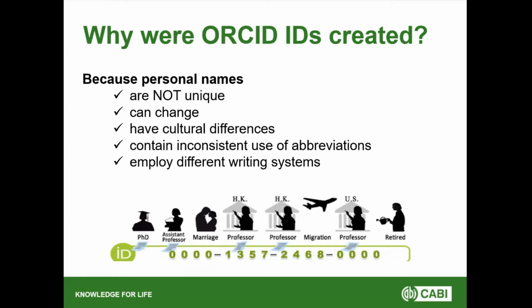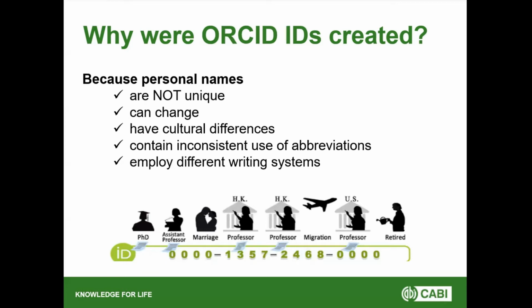A person's name can change over time through marriage, for example, or other life circumstances. There are also cultural differences in the ways that names are expressed, for example, in terms of the order of family name. In Chinese, for example, the family name is often put first and the individual's name second.